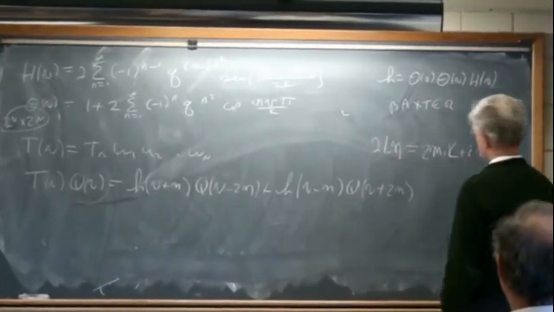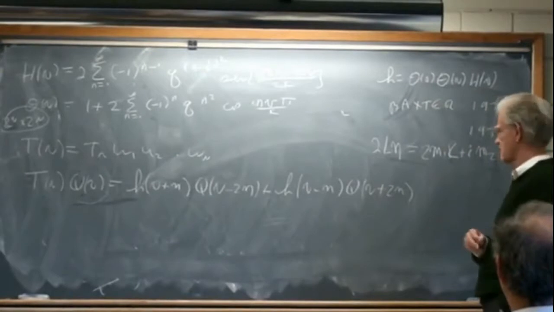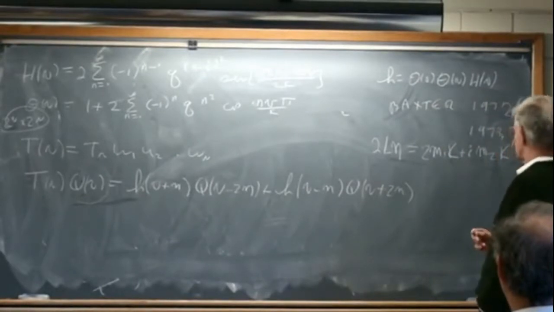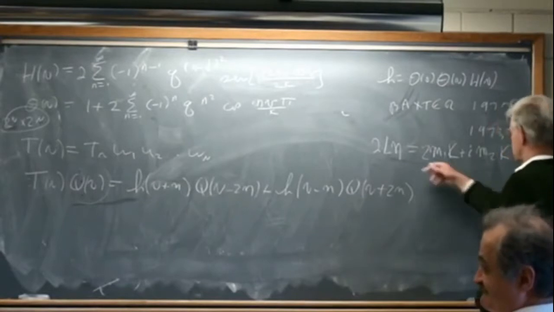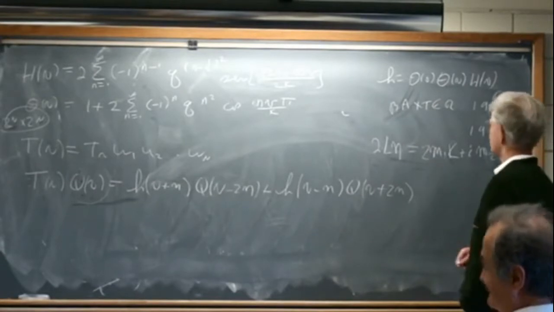So these are, if you will, division points on the elliptic curve. I like to call them elliptic roots of unity. If we degenerate this to a trigonometric case, these would be precisely roots of unity.